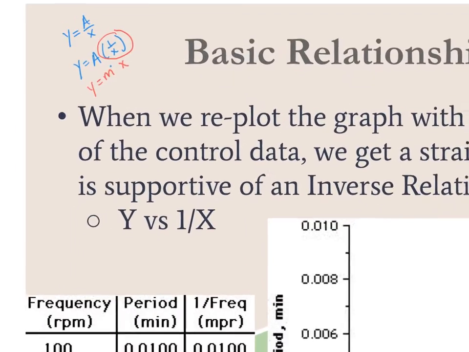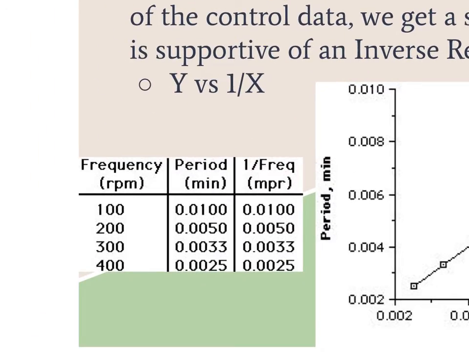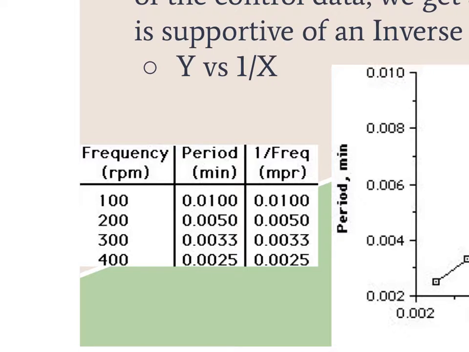So what that means I need to do is take all of my x variables. Here, x is frequency, so I have 100, 200, 300, 400, and I have to recalculate. So this is actually our old x. Over here, we're going to have our new x.